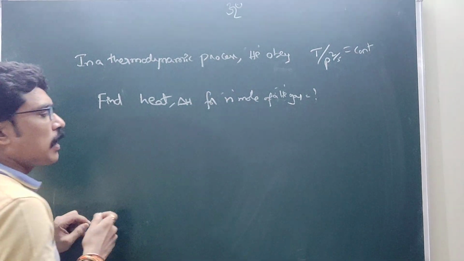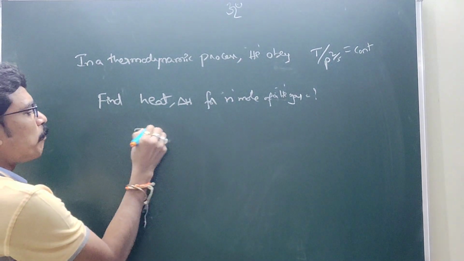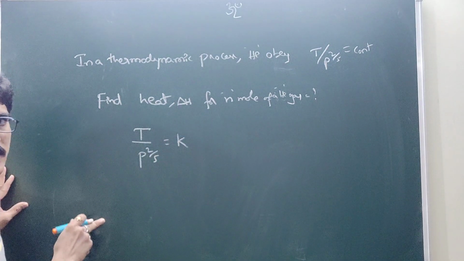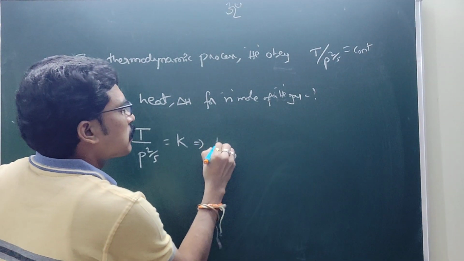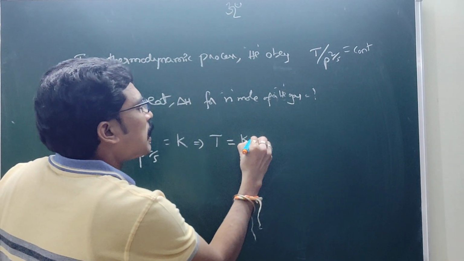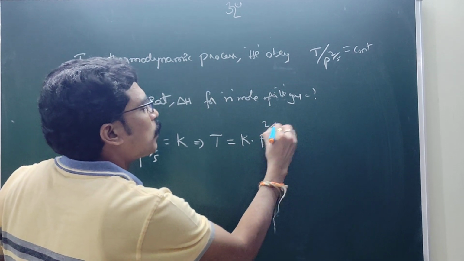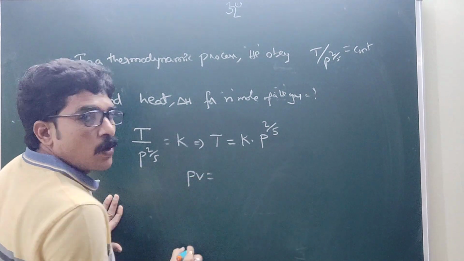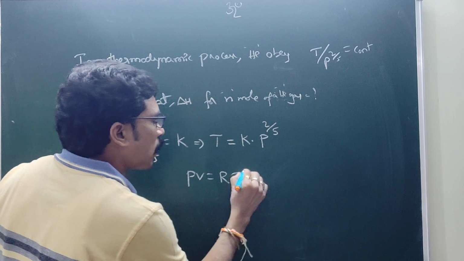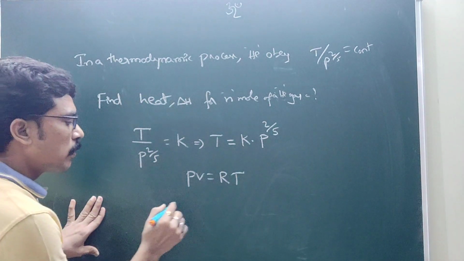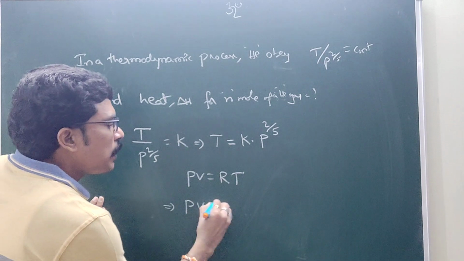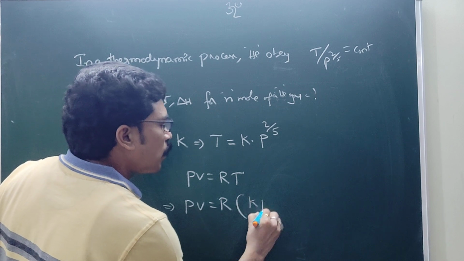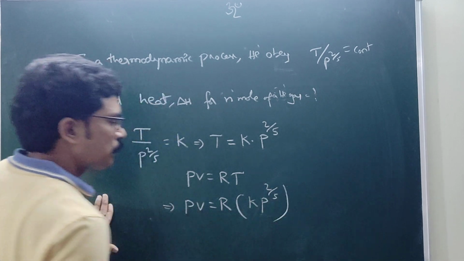Given expression is T by P power 2 by 5 is equal to constant. That implies T is equal to some constant K into P power 2 by 5. We know PV is equal to RT for 1 mole. That implies PV is equal to R into K into P power 2 by 5.